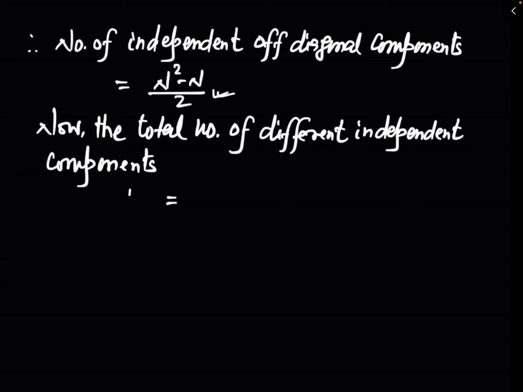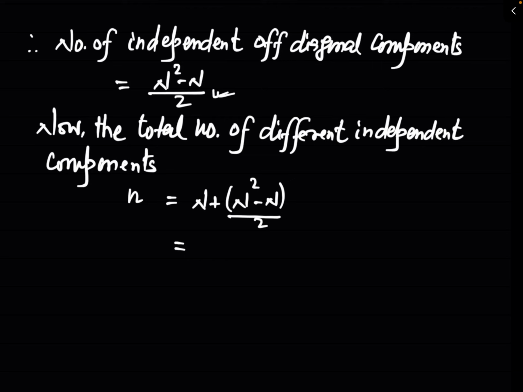What will be this? If you consider that this number is equal to a small n, then this small n will be equal to n plus n square minus n over 2.